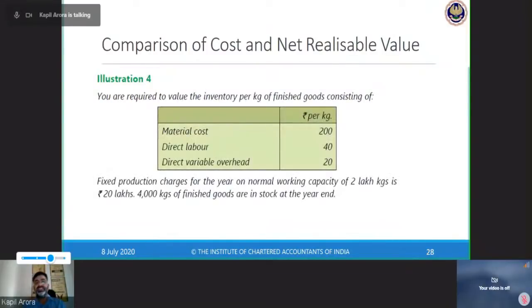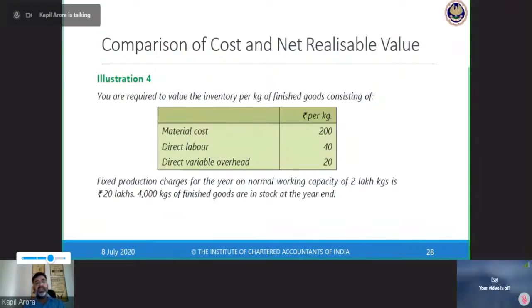So let me just discuss illustration 4. This is again related to the NRV concept, or the inventory concept, right? So let's try and understand what is happening in this.